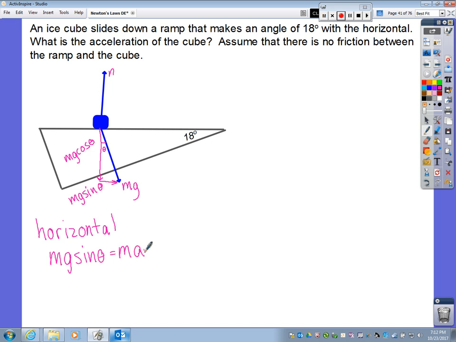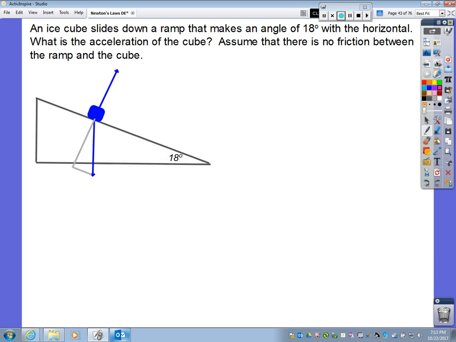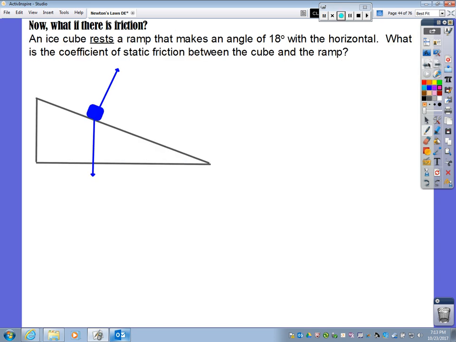And the m's cancel, and you get a equals g sine theta. Okay? Ramps are a little confusing. They're hard to visualize. But when you look at it, the math itself is not hard. So, we've got that. Let's go a little further.